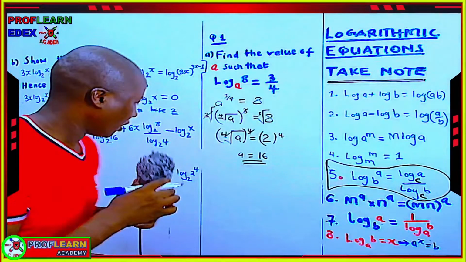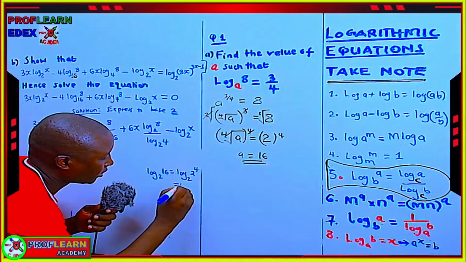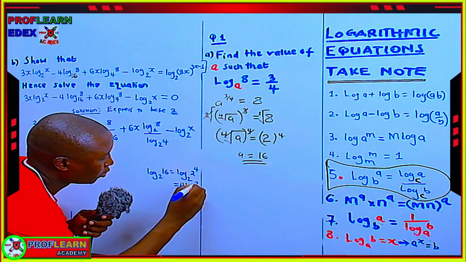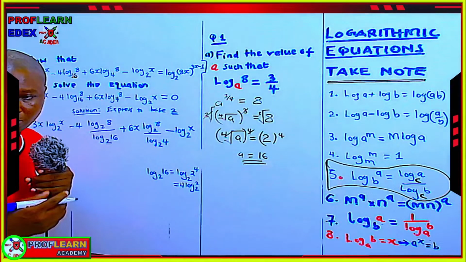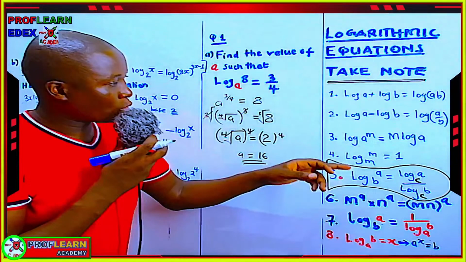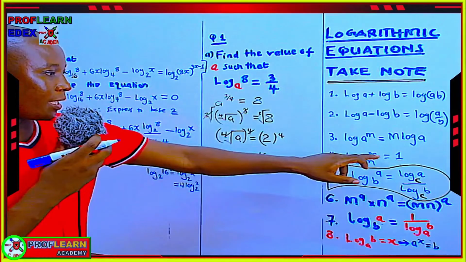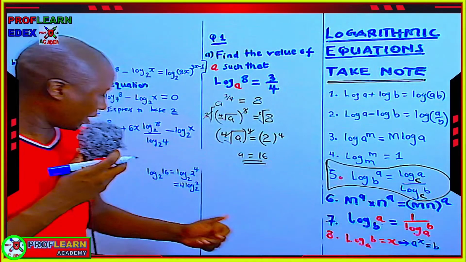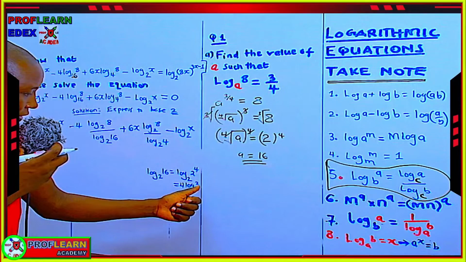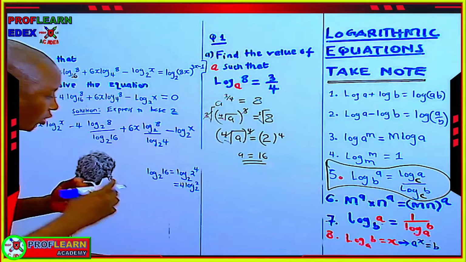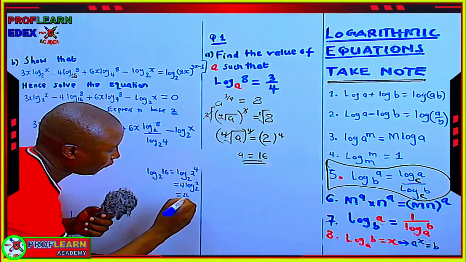So we can say this is 4 log 2 base 2. We can also apply rule number 4, log m base m is 1. If you have a log of a number and the base is the same number, you are going to have 1 there. So this is going to be 4 at the end of the day.